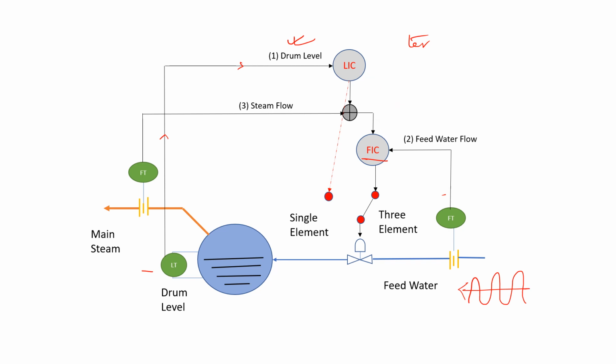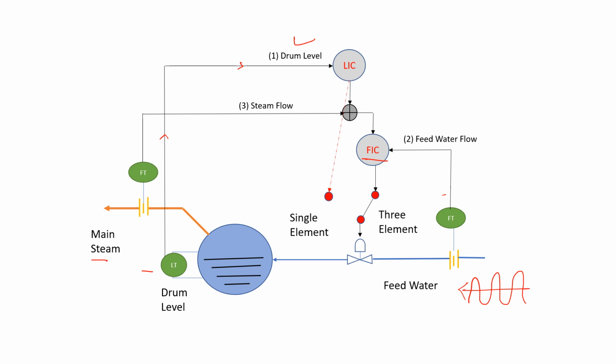Now there is another parameter, that is main steam flow, and normally this main steam is connected to the grid, and there are sudden fluctuations that may happen in the load of the main steam, and this affects the boiler drum level.